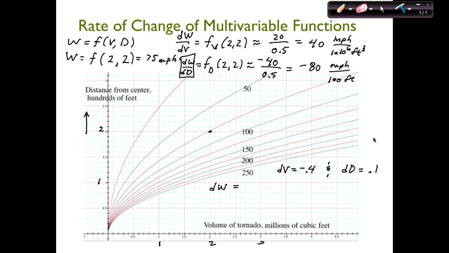Kevin, did you get this? How would I get the change in wind speed? What's that? And add up, what are you going to add up? Negative 0.4 times 40? Is that right? Yeah, so the rate of change times the change in your independent variable gives you the change in the dependent variable. Okay, what else? Negative 80 times 0.1.